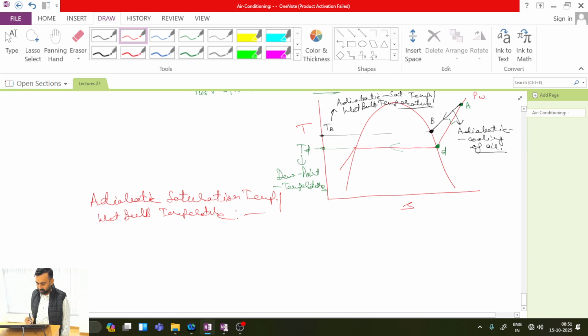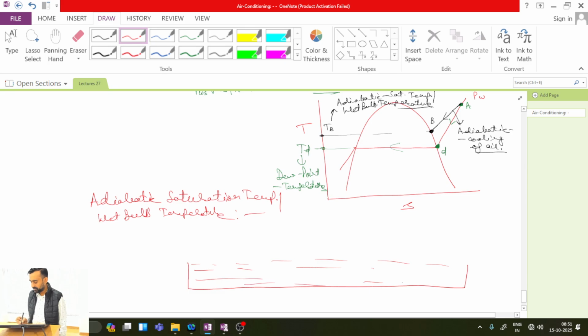Let's consider that I have one infinitely long pool of water. So this contains water in the liquid state. And this pool is insulated. It is well insulated.